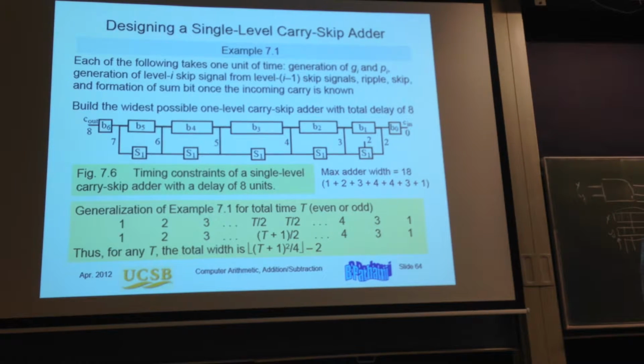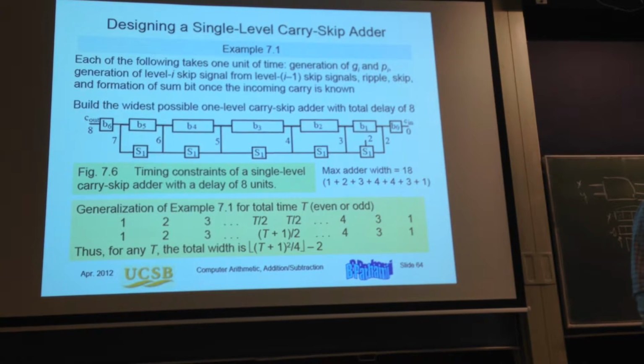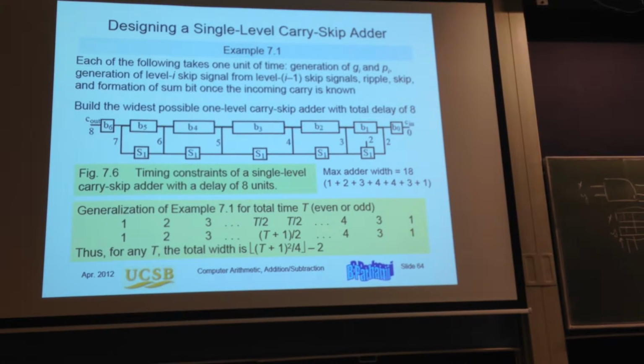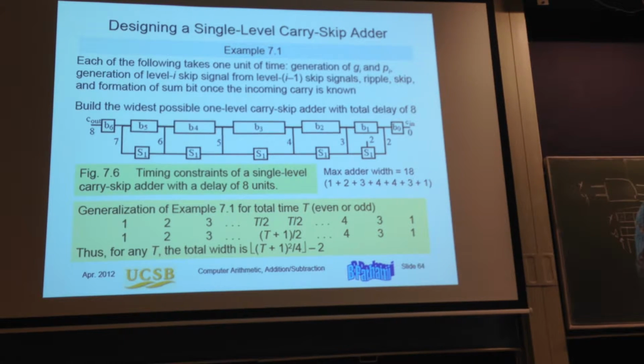Those are assumptions which do not really capture the reality, because a ripple in a full adder is actually slightly longer. But to simplify the discussion, I assume that all the delays which are relevant for the discussion are unitary delays.